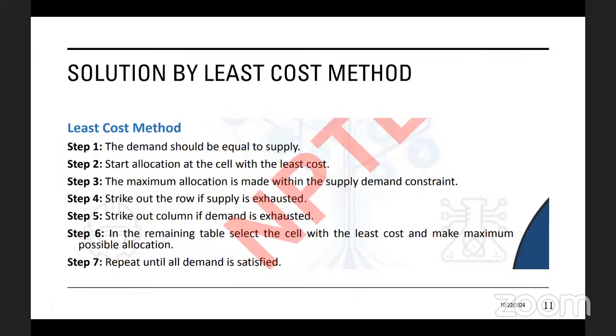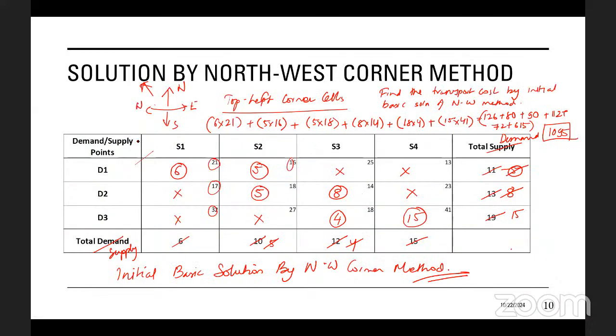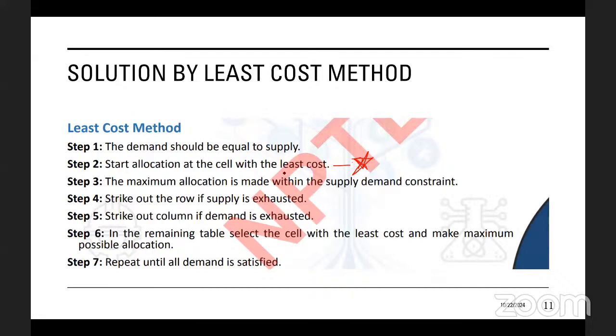So we will move on to the least cost method. The least cost method says that we should start allocation with the cell with the least cost. This is the catch here: there we were starting with the northwest corner cell, while here we will start with the least cost cell.